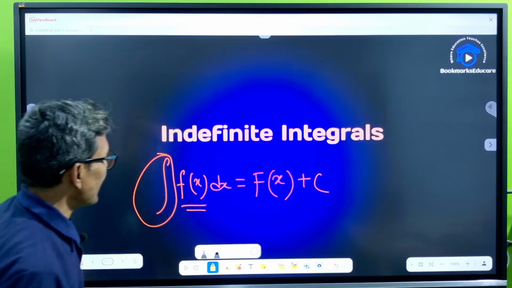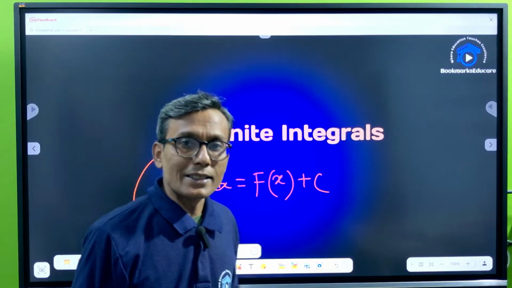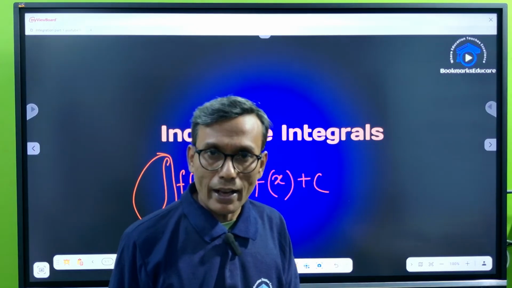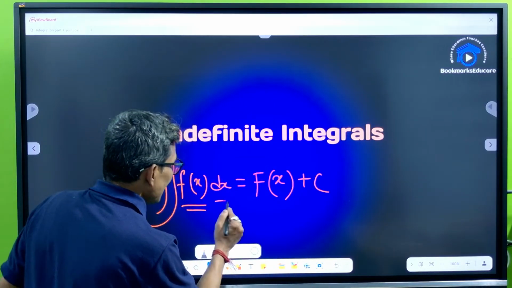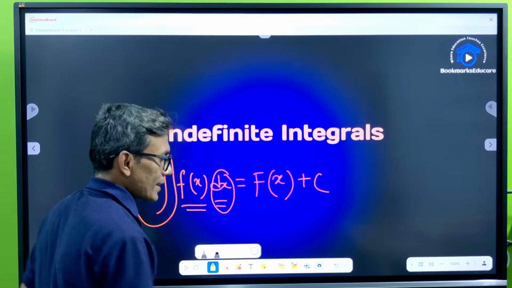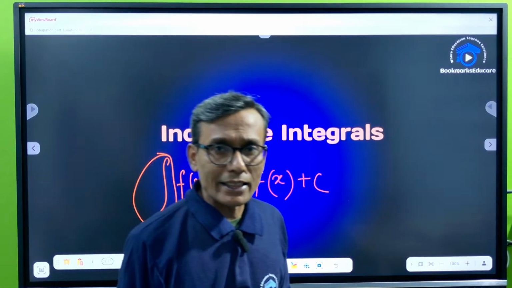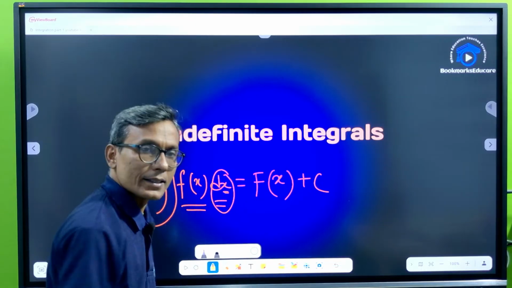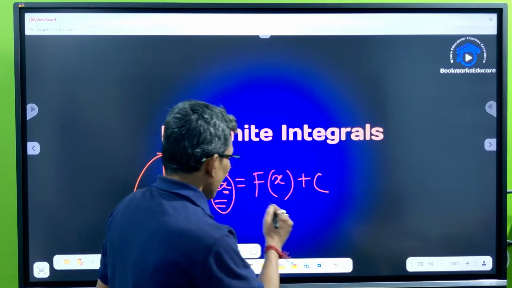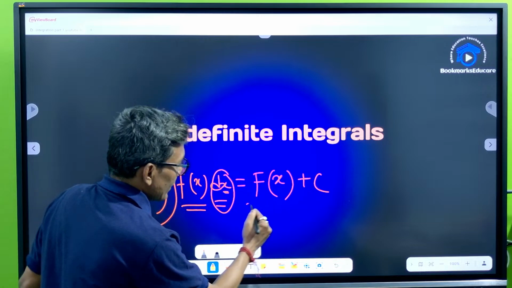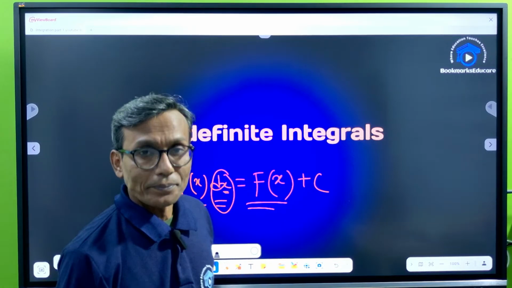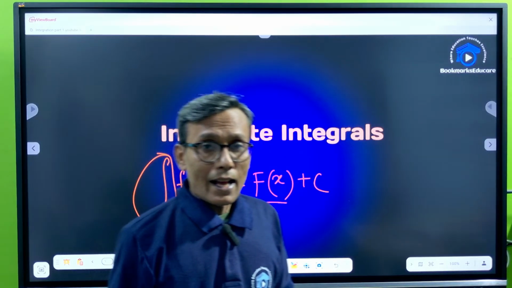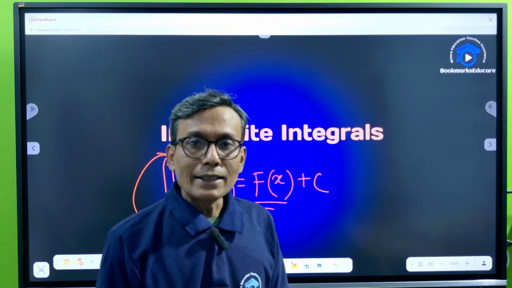Small f of x is considered the integrand, and dx indicates that the integration is with respect to the variable x. On the right hand side, capital F of x is considered an antiderivative.